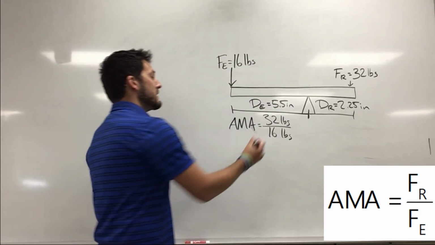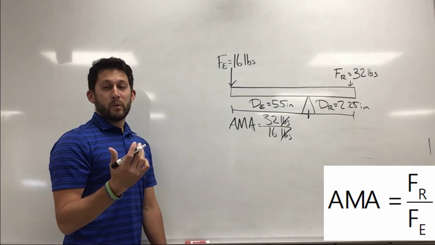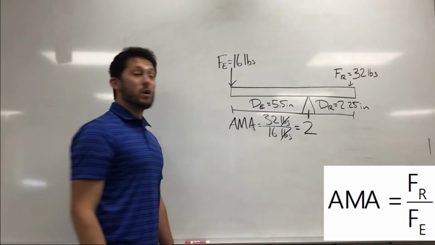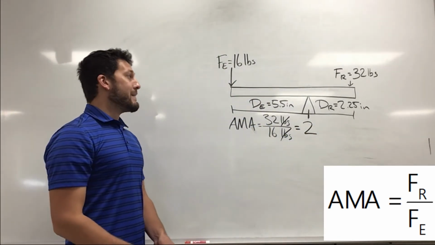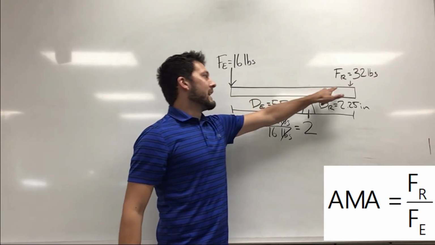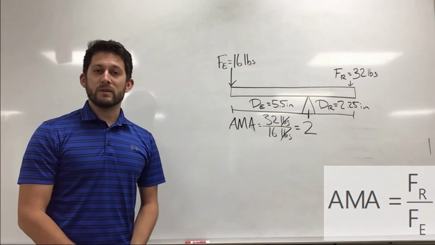And what's really nice is those pounds are on the top and on the bottom, so they just go away. And we're left with a pretty easy calculation of 2. So we have an AMA of 2, and that number is unitless. So that means that we need to provide half as much force in order to get that resistance force to move, which you could probably see right from the start.